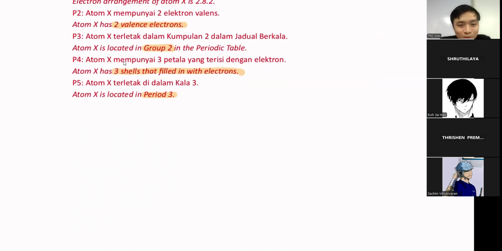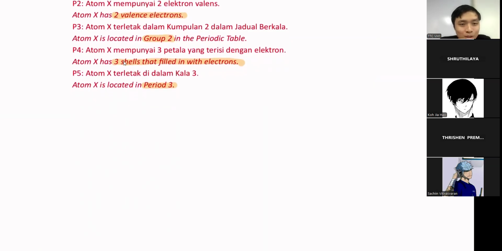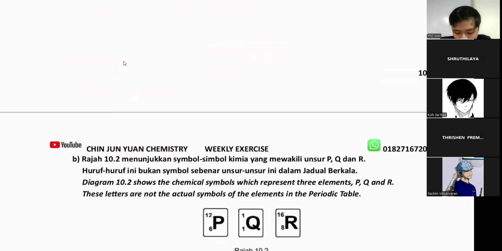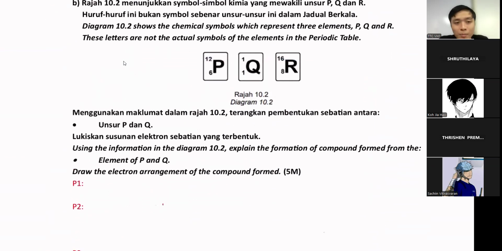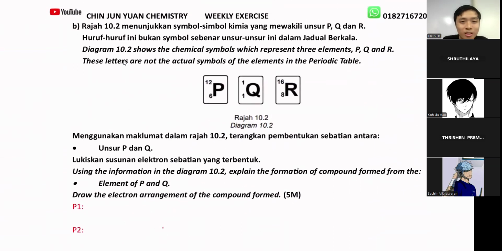Okay. I believe your handwriting will be faster. Okay, so B. We want to save time. I also don't want to keep you in Zoom for too long.